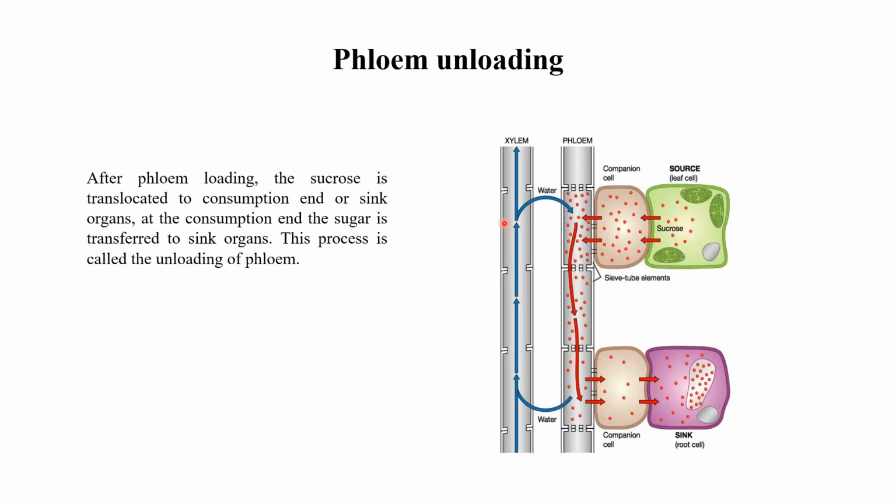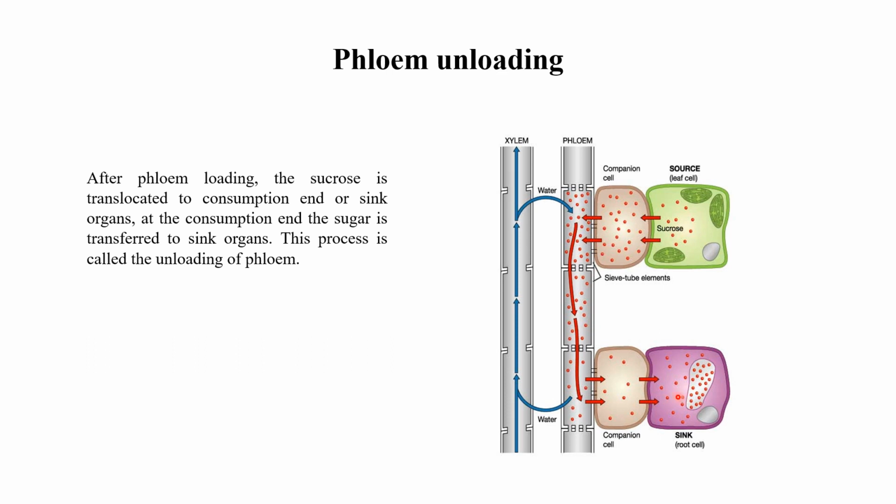Now this is the process of phloem unloading. So phloem unloading is a passive transport mechanism from the sieve tubes to the cells at the root tips, that is the sink end of the plant body. It takes place passively down a concentration gradient of sugar or sucrose.